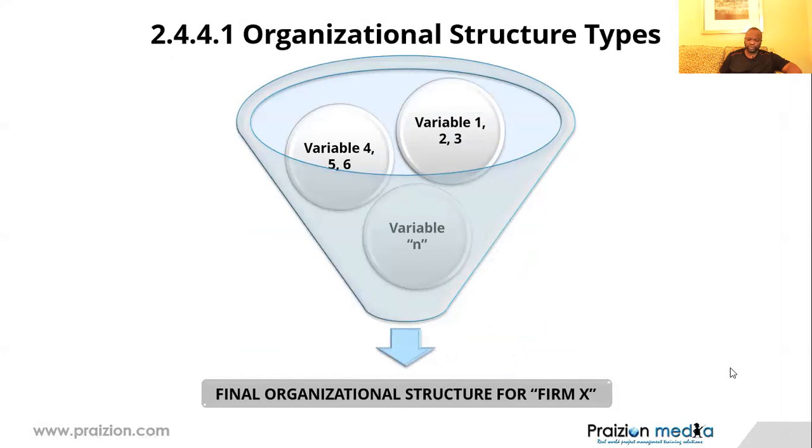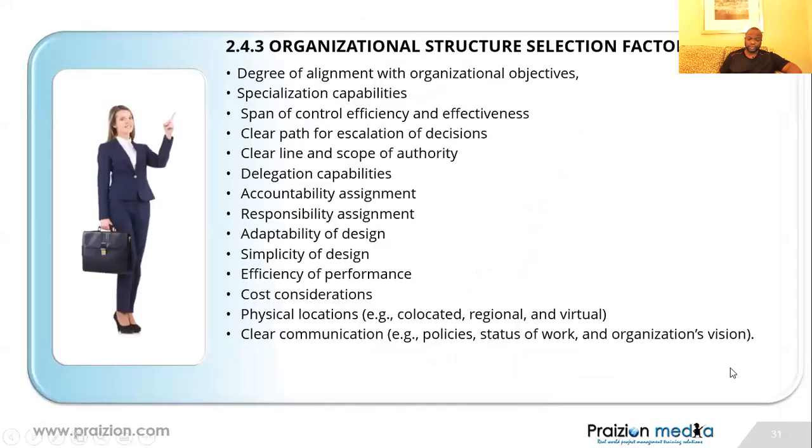We don't want to go into all of them, but on the screen, here are some factors that could affect the organizational structure that you end up with. Degree of alignment with organizational objectives, specialization capabilities, and many, many more. Too many for us to go into. It's another day for that.